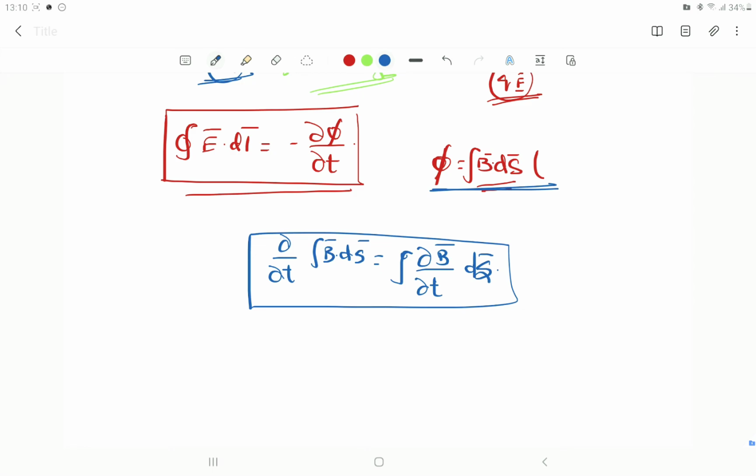Now notice one thing, that in this equation we have exchanged the order of differentiation with respect to time and integration over the surface. This is only possible since the loop and the surface are fixed. So we must write that the loop and the surface are fixed.